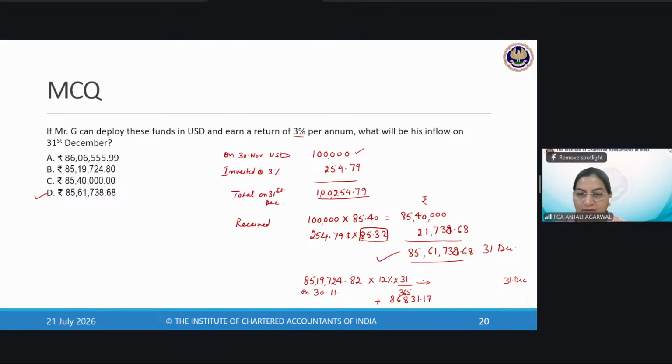So when you add 85 lakh 19,724.82 with 86,000 interest, which is earned on this, the total inflow becomes 86 lakh 6,555.99 or 556.